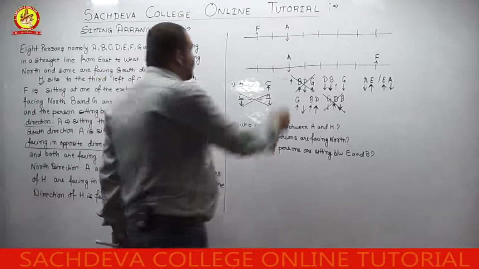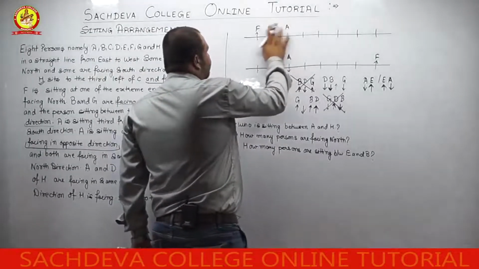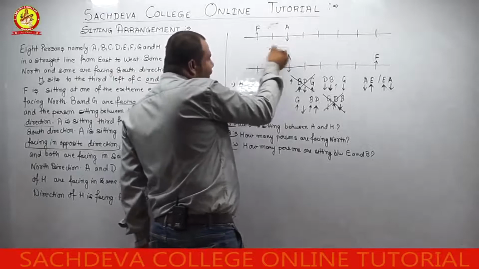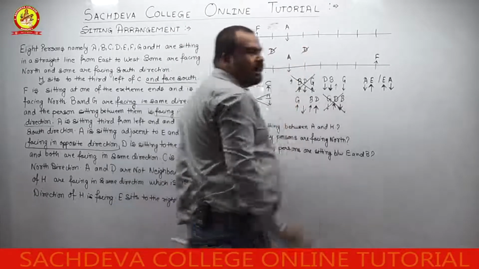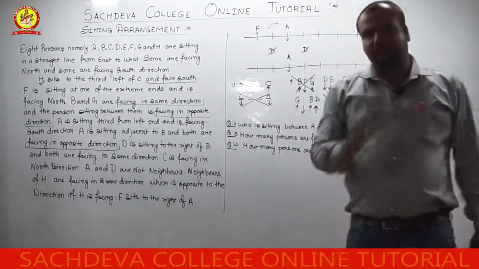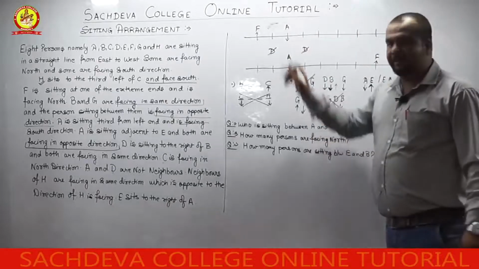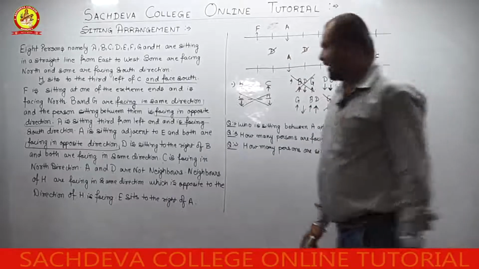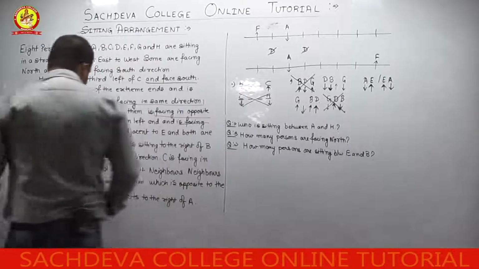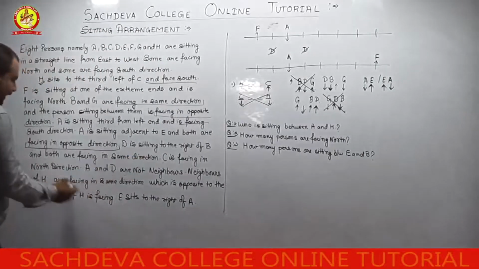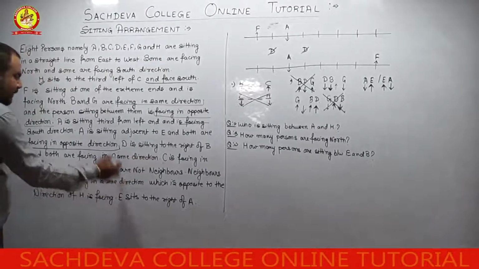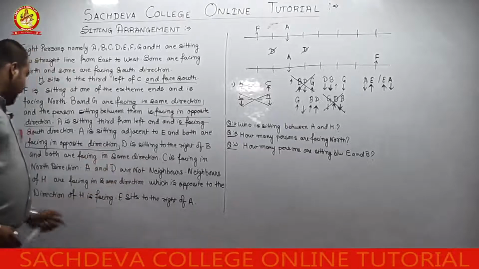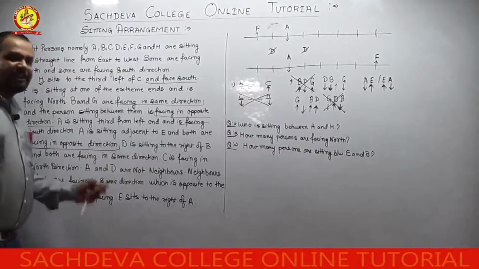It means what? D is not the immediate neighbor of A, for both of them. Next, neighbors of H are facing in same direction, which is opposite to the direction H is facing.